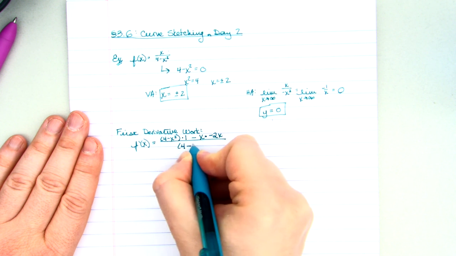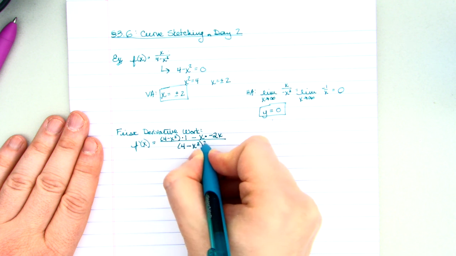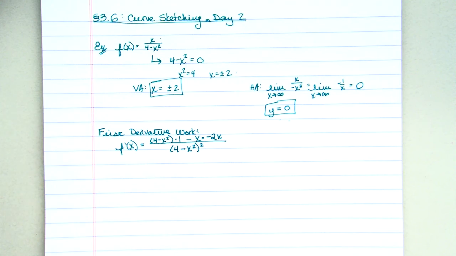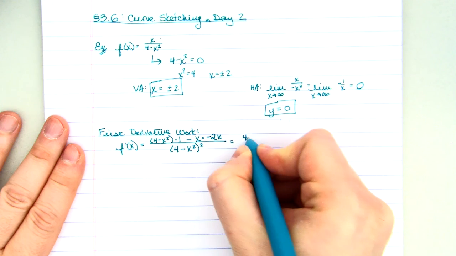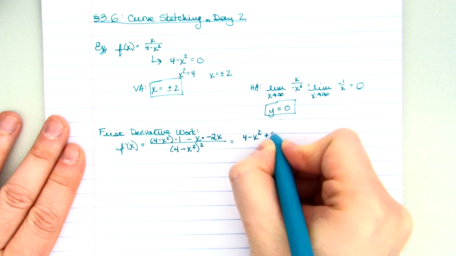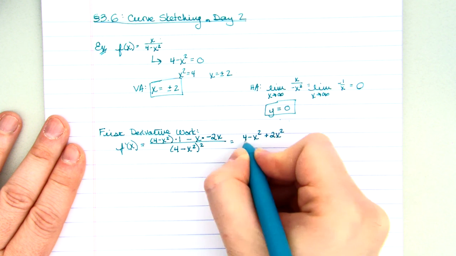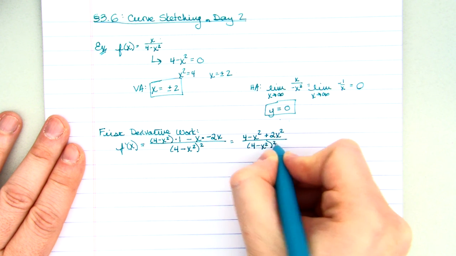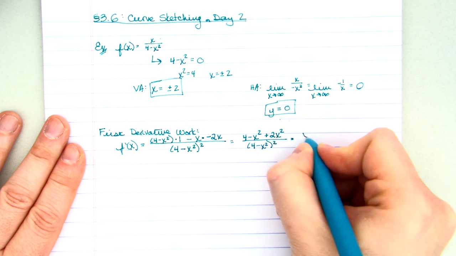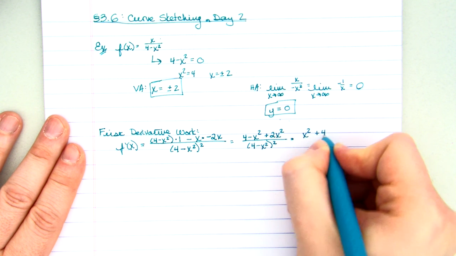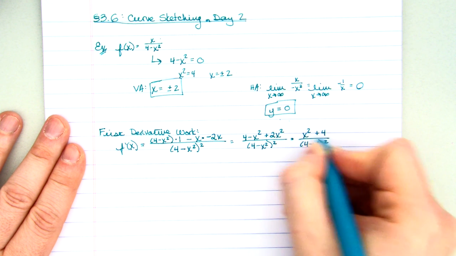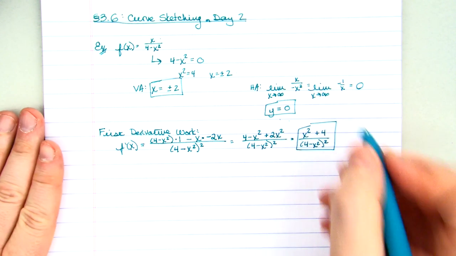This is over 4 minus x squared squared. Let's see, I'm going to get 4 minus x squared plus 2x squared over 4 minus x squared squared. This gives me x squared plus 4 over 4 minus x squared squared. And that is my first derivative.